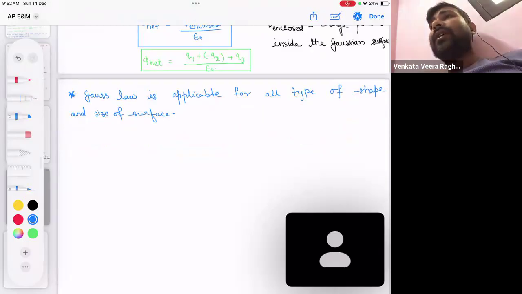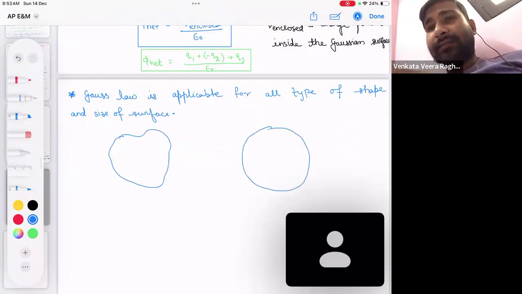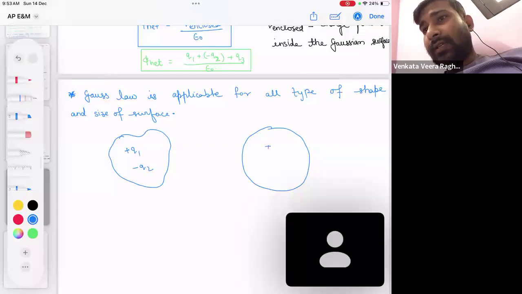The flux calculation only depends on the charges within. Meaning, say there is one question like this. This is a Gaussian surface, and there is another Gaussian surface like this. I kept two charges, q1 and minus q2, here, and here also I kept q1 and one charge minus q2.